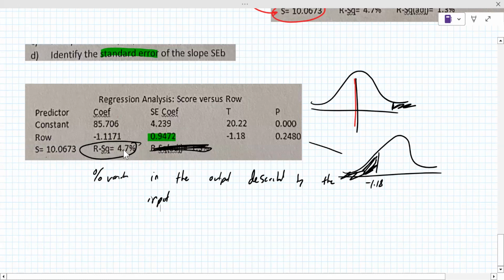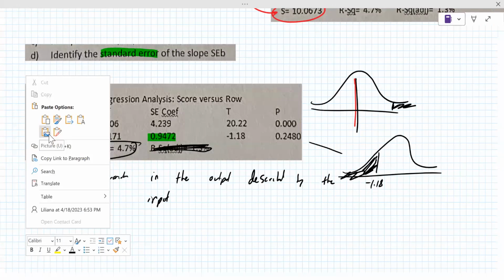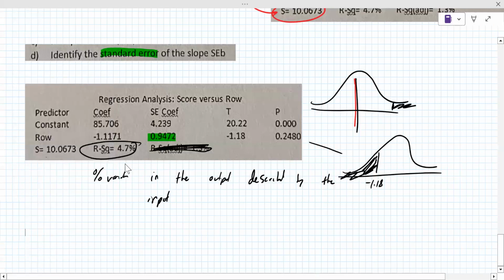It's only 4.7% of the way to predict the score, which is not very good. That means there are other variables in play, like how well you pay attention in class or do your homework. But you're right, you do have to know stuff from this table.